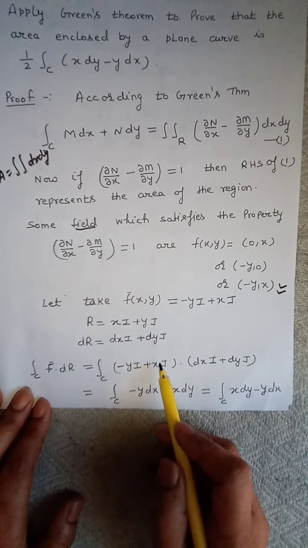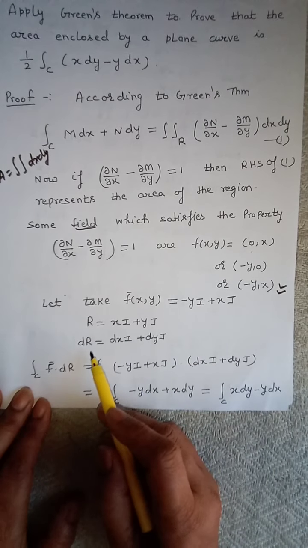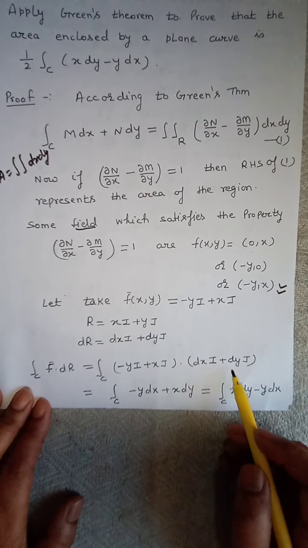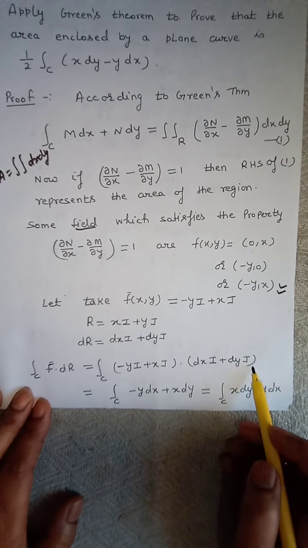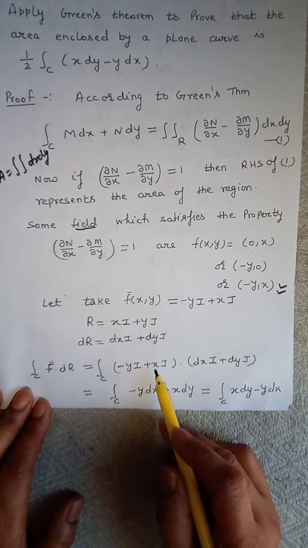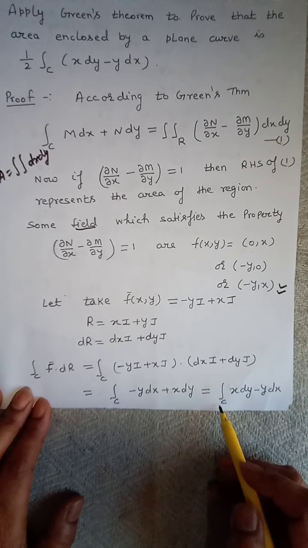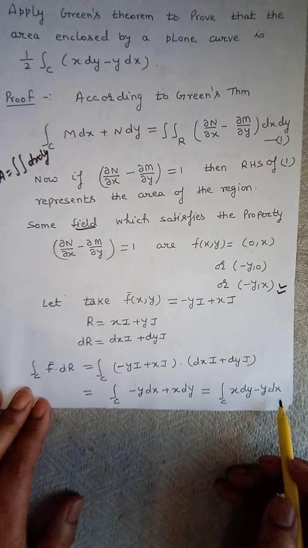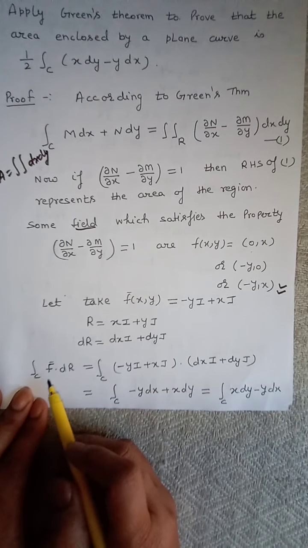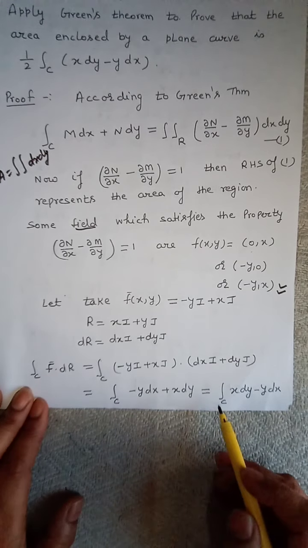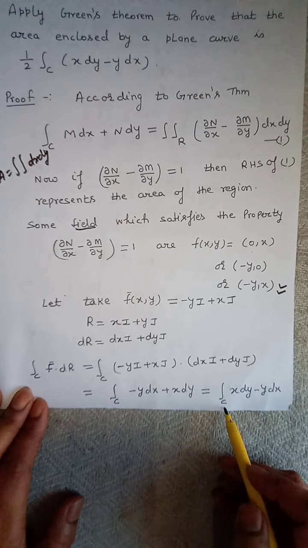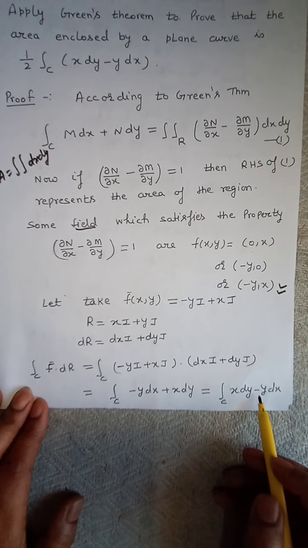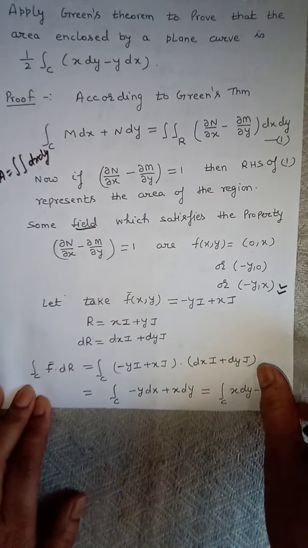We put the value of F, dot product dr. dr is dx i plus dy j, and when we find the dot product of these two, we get ∮c (x dy − y dx). So ∮c F·dr is equal to ∮c (x dy − y dx).